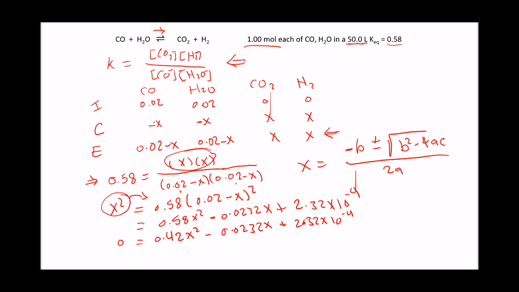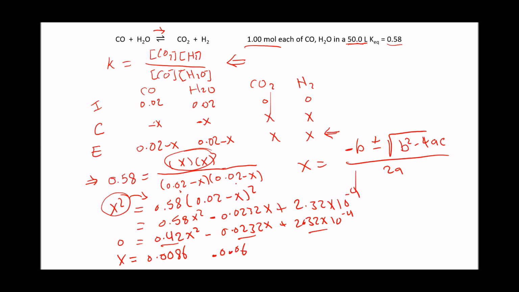And you just put these a, b, c into the expression, which is going to give you x equals 2 possible roots, 0.0086 and negative 0.06.